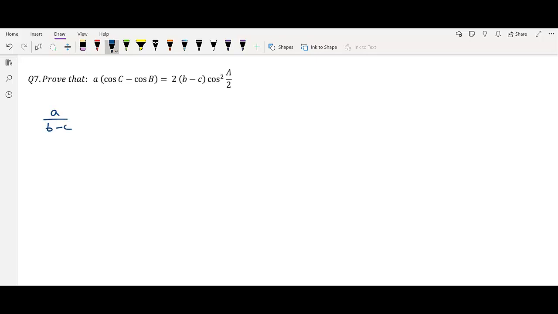Okay, now using the sine law, I have a upon sine a is some constant, so I can write a equals k sine a. I can write b equals k sine b and c equals k sine of angle c. Okay, now I can substitute all three of these back in this expression that I wrote.